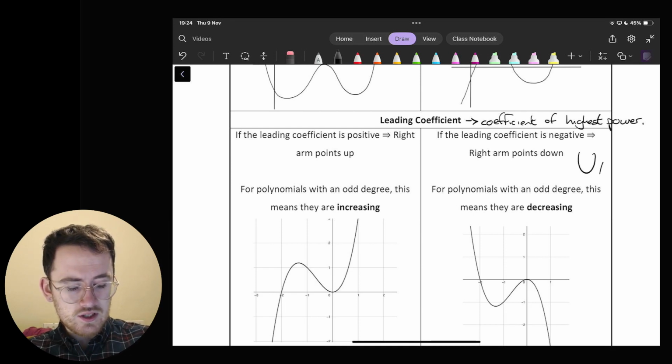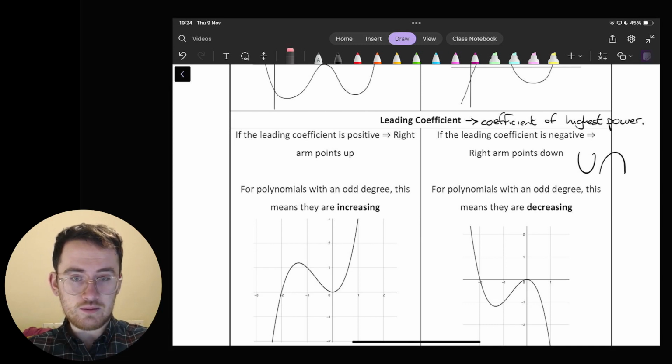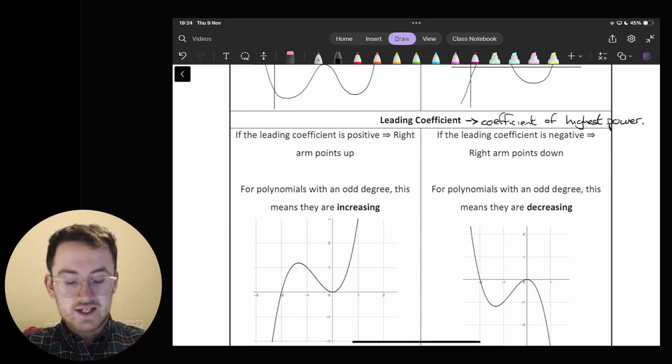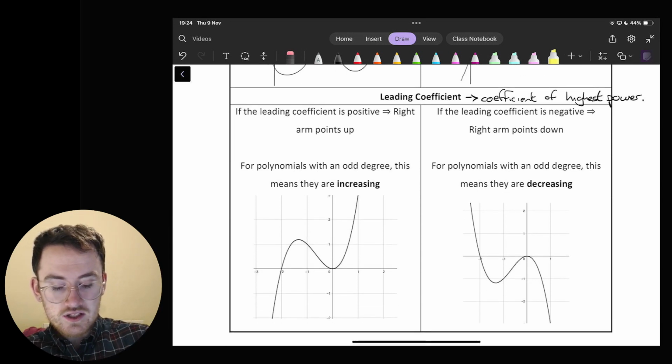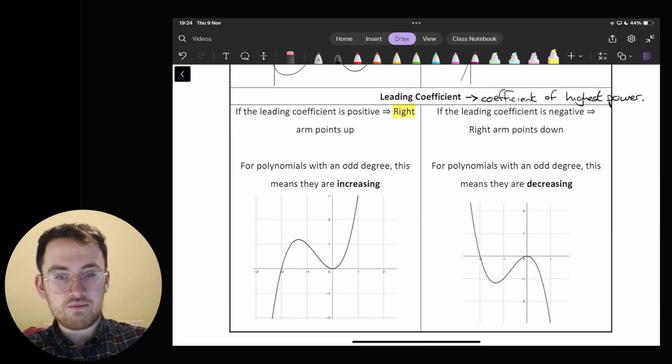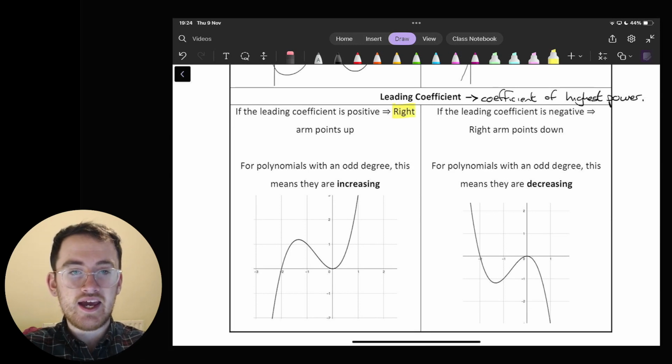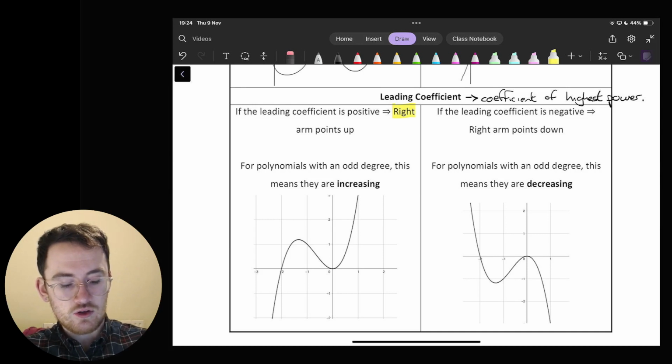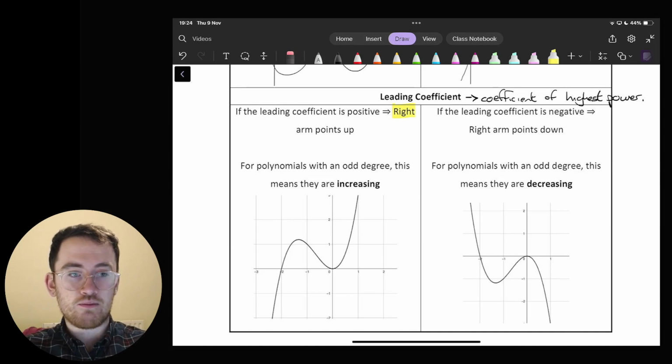If it's minus x squared, my graph's going to be n-shaped, or negative, so they both point down. And that is the rule that we're looking at. If the leading coefficient is positive, the right arm points up. If the leading coefficient is negative, then the right arm points down.